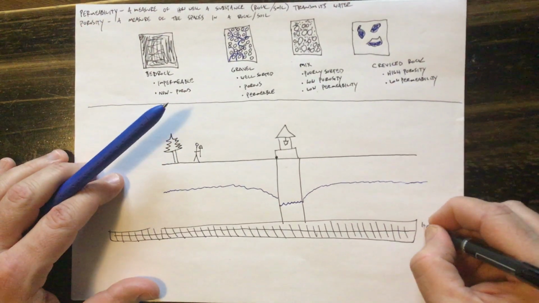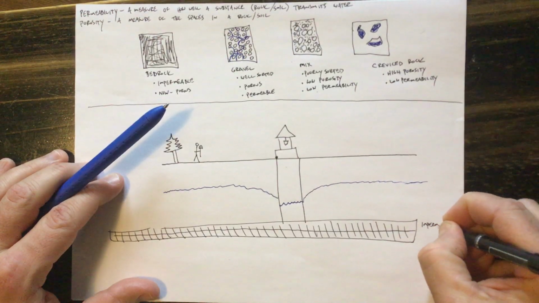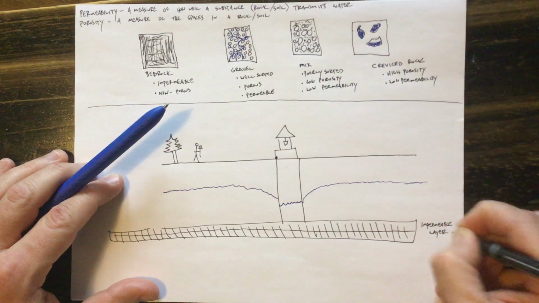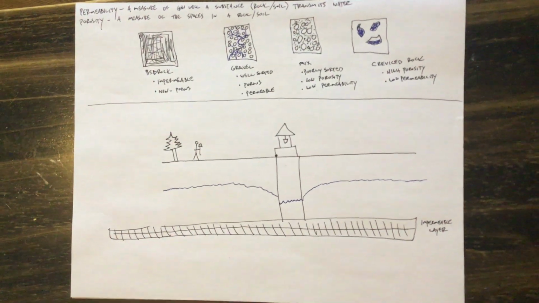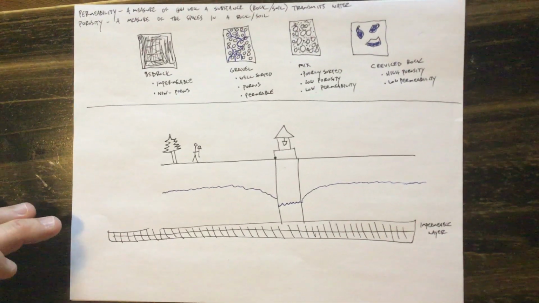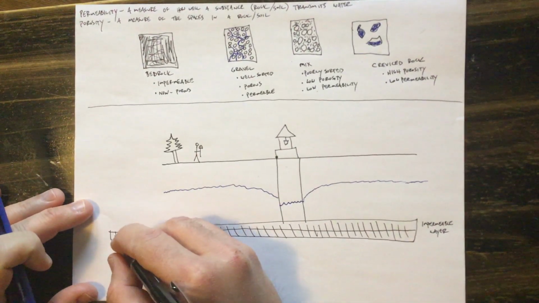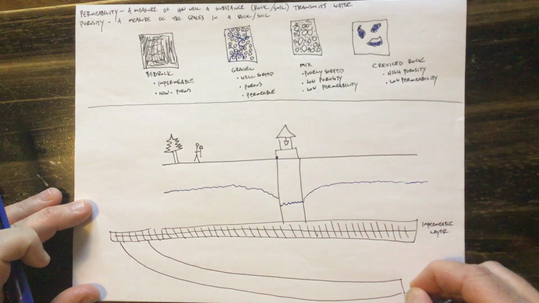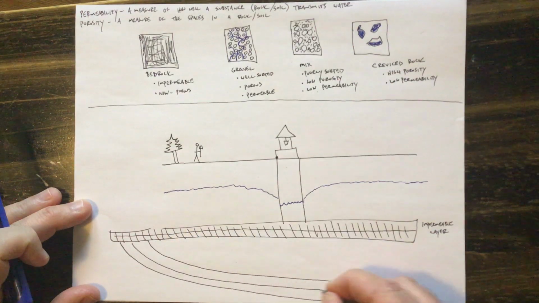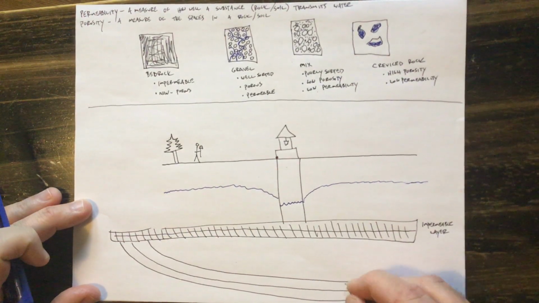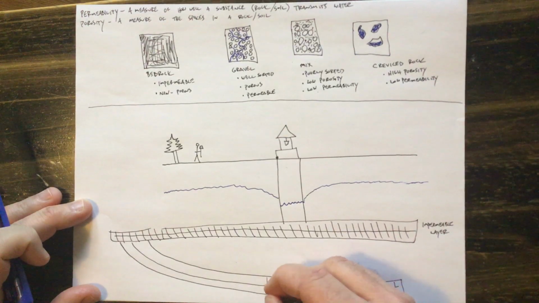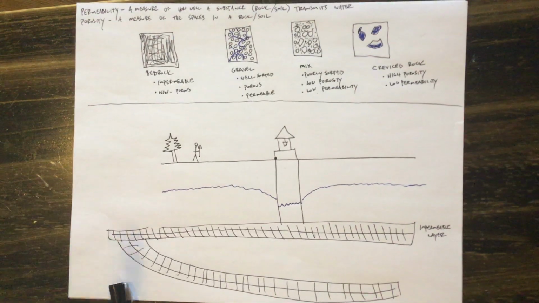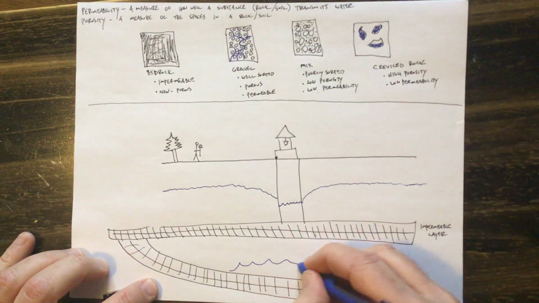So this is your impermeable layer. And then we're going to have another impermeable layer beneath that with a space in between to show an aquifer.